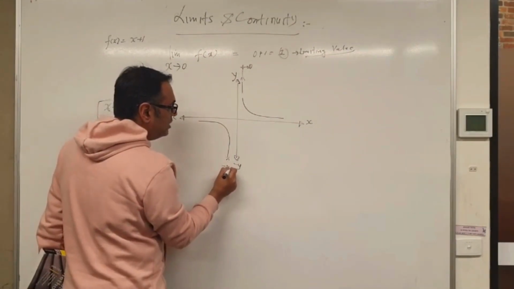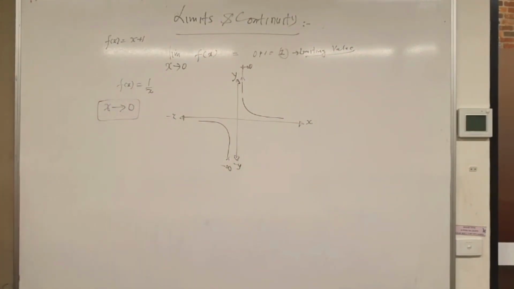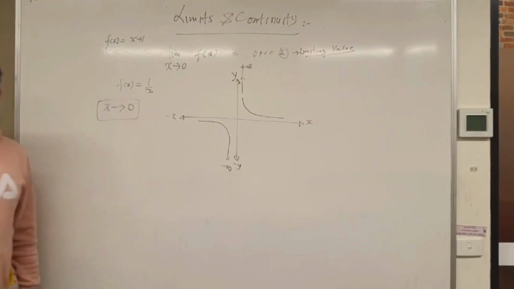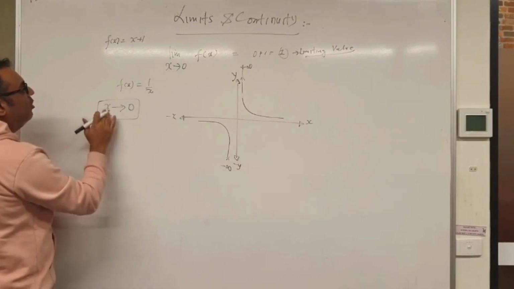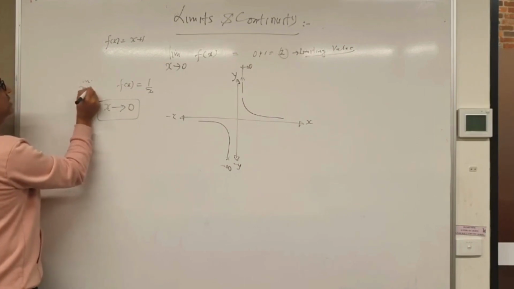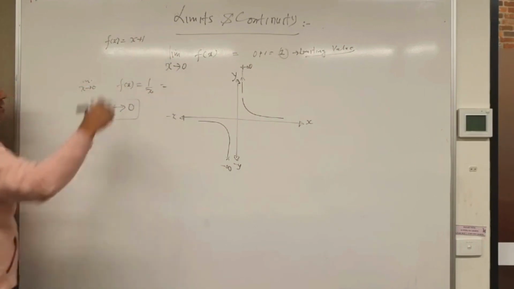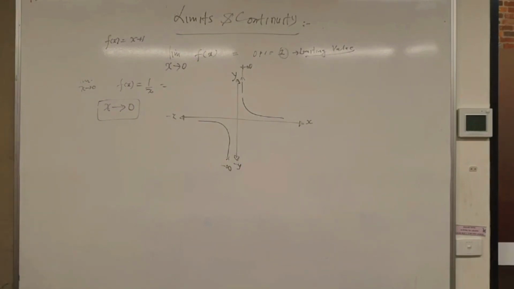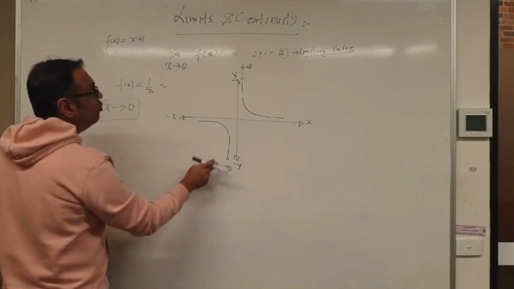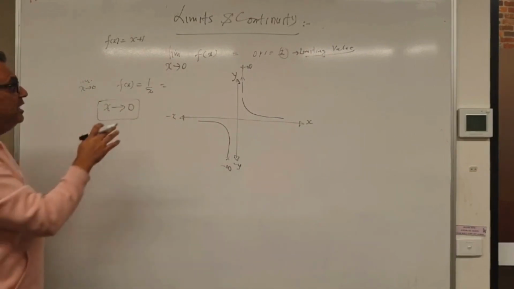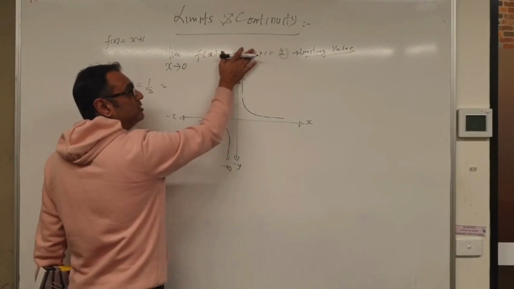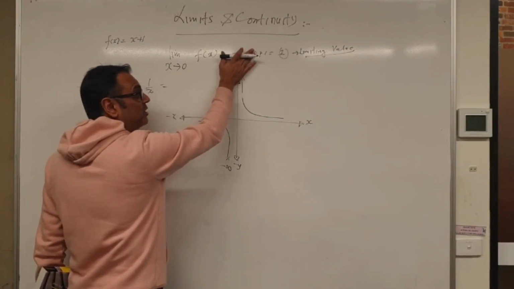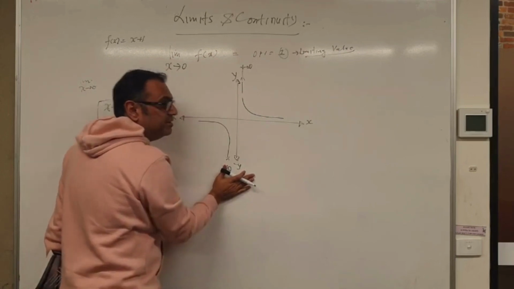The function is approaching negative infinity, the negative side of y. Did you get my point? So here, the limit is not straightaway something. No. I've got two varieties of limits: one throws positive infinity and the other throws negative infinity.